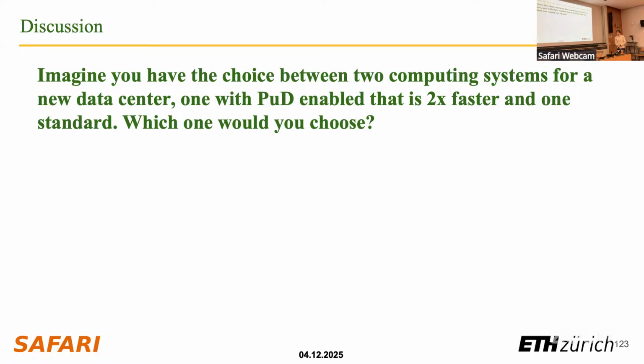Which one would you get for the data center? I mean, there's a couple of things to consider, right? There's some kind of security-speed trade-off. We've talked about it. For sure, if you get the PuD-enabled one, maybe there's less security, maybe there's more speed.